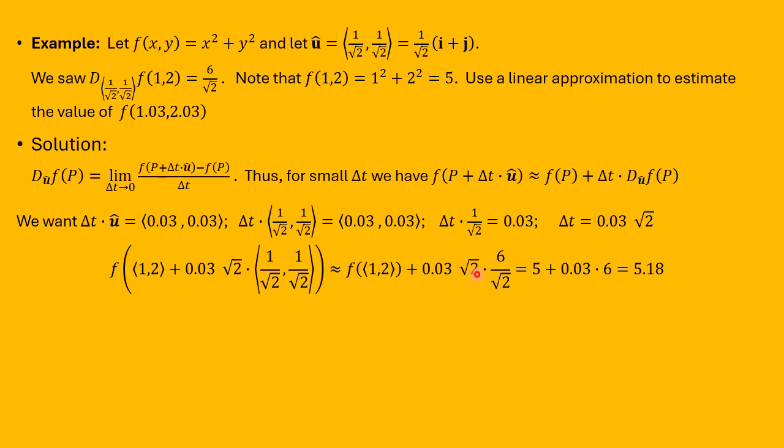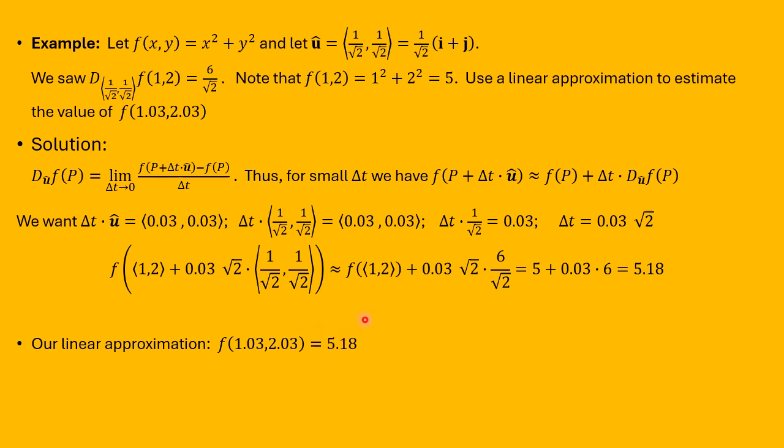And we have the square root of 2 over the square root of 2, which is nice. So this simplifies to 5 plus 0.03 times 6, which is 5.18. So what we have shown is that our linear approximation to f of this is 5.18.